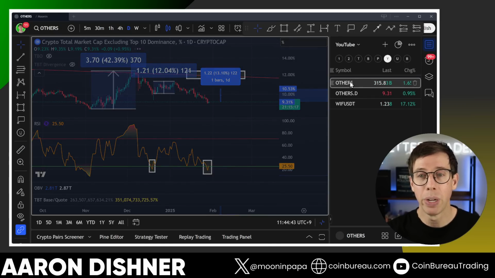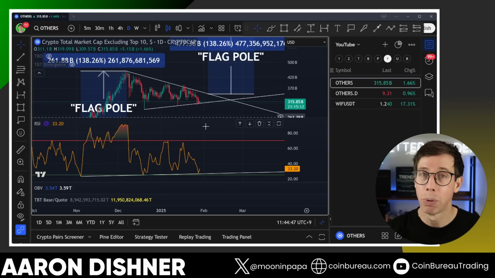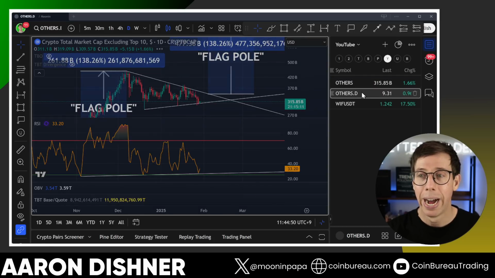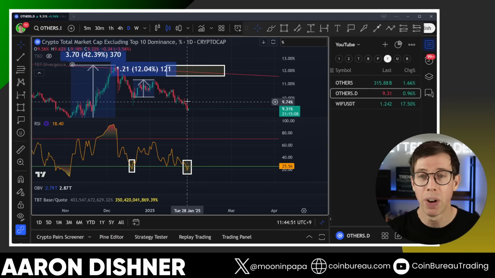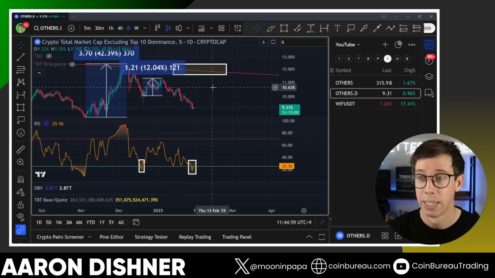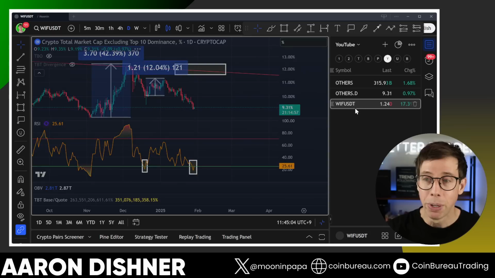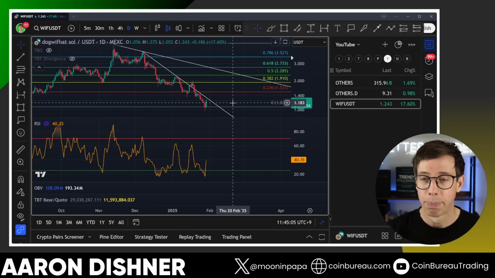But given the fact that we have this highly bullish outcome for this bull pennant for others, I actually expect others dominance to move up to this coveted range of 11.72%, which would be extremely bullish, which would cause a big shift. Now we're already starting to see some charts capitulate and move up.